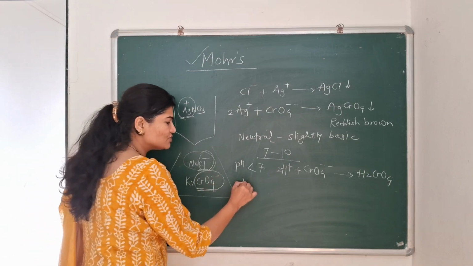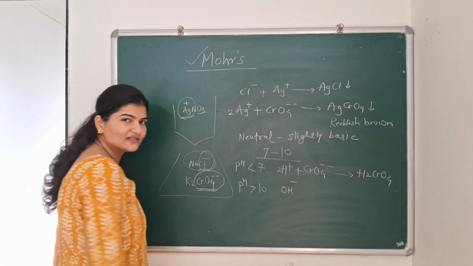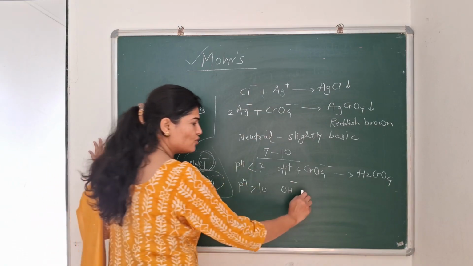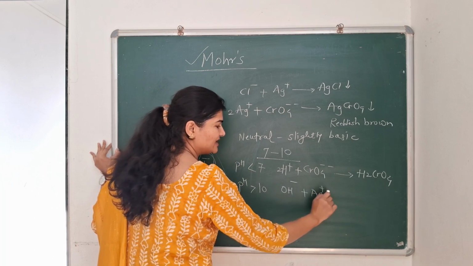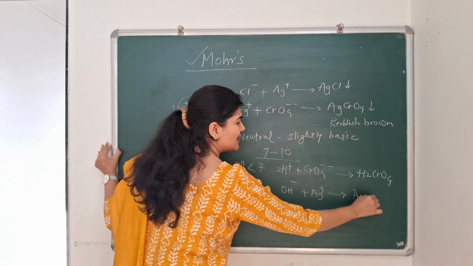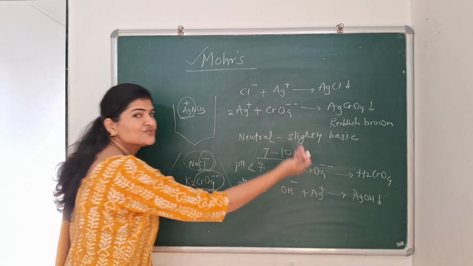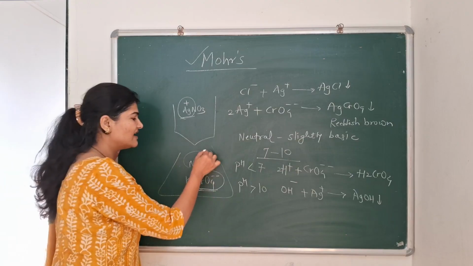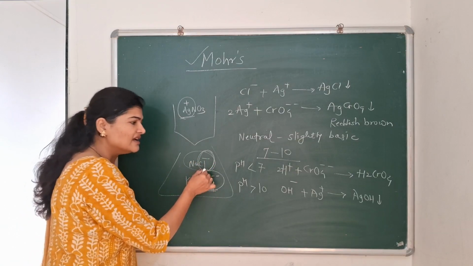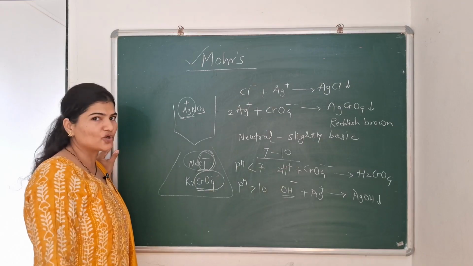Now if the pH is more than 10, then also there will be a lot of OH minus, means hydroxide ions present in the basic medium, and those may react with our precipitating ion, silver ion, to form silver hydroxide PPT. So the precipitating ion which was supposed to react with the analyte ion, chloride ion, instead is busy reacting with the hydroxide ions and forming the silver hydroxide PPT.